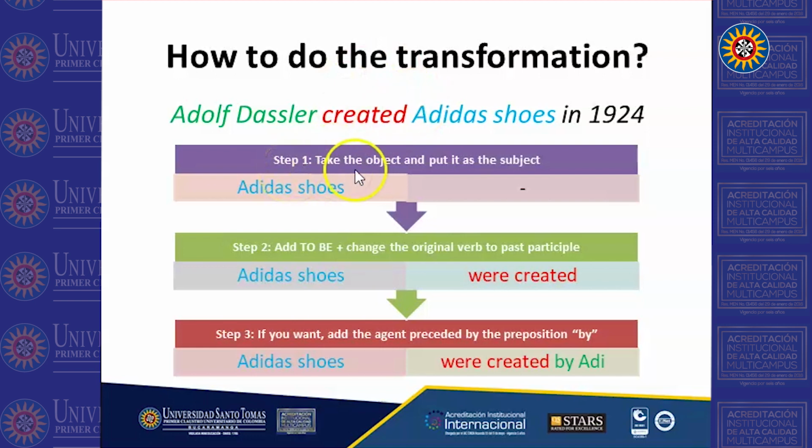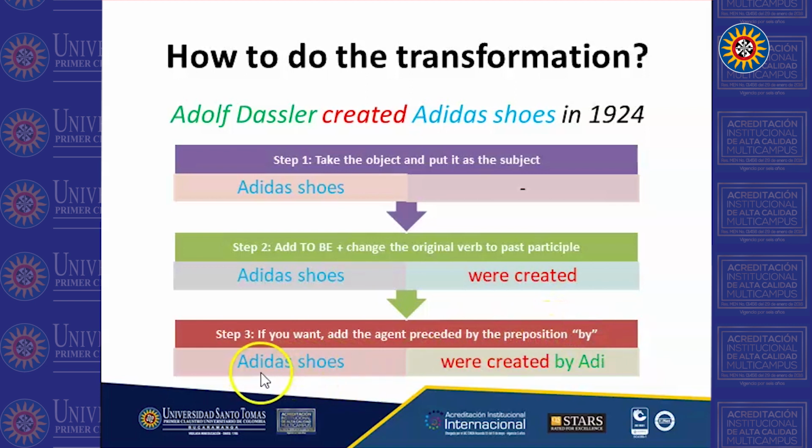Step 1, take the object and put it as the subject: Adidas shoes. Step 2, add the verb to be and change the verb to past participle. You definitely need those irregular forms again, in the third column of irregular verbs, past participle. Were created. Step 3, if you want, add the agent or doer preceded by the preposition by.